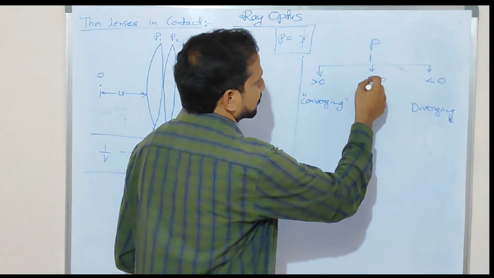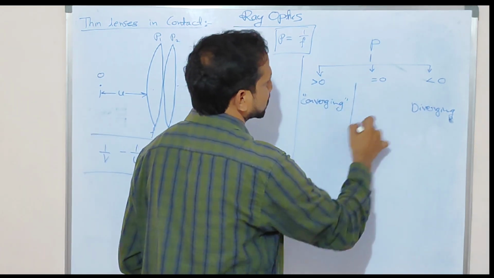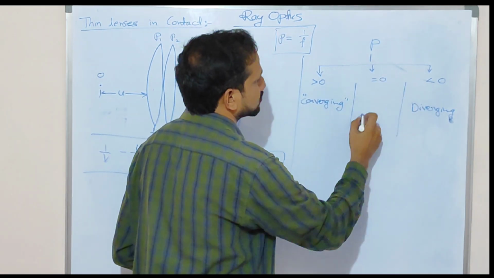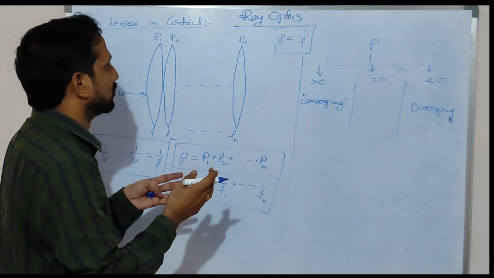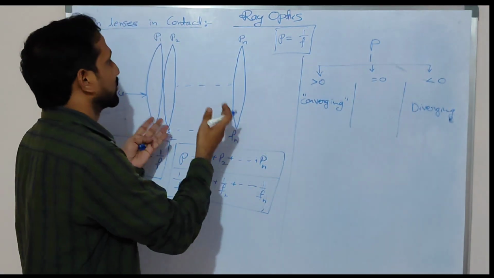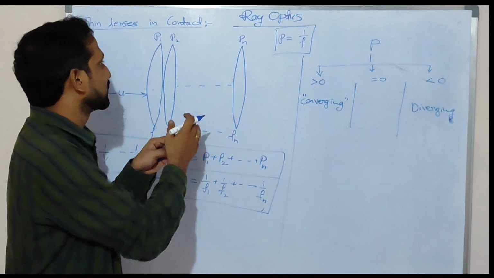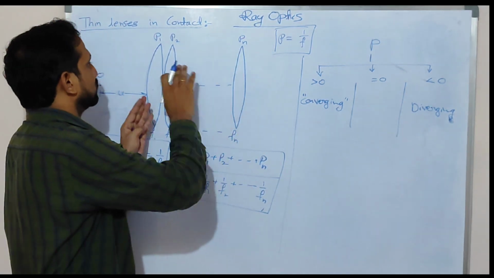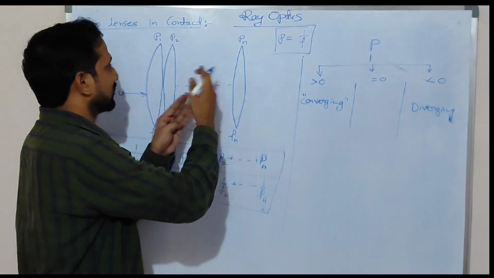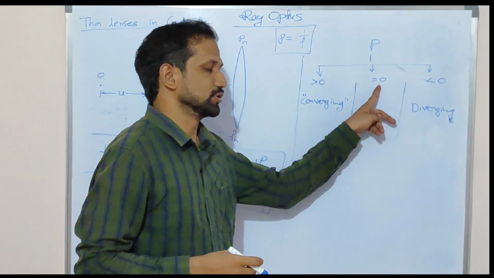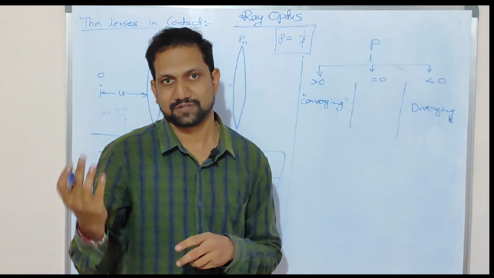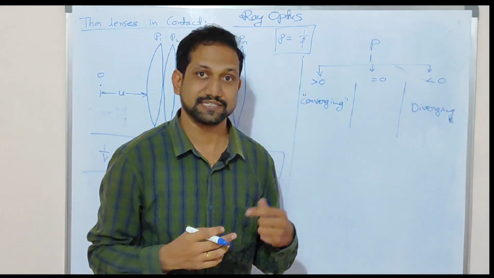In the third case, if the power is 0, it means the system is just a glass plate. Effectively there is no lens, meaning one lens is cancelling the other. For example, there are two lenses and the total power you got is 0, so the power of the first lens is cancelling the power of the second lens.